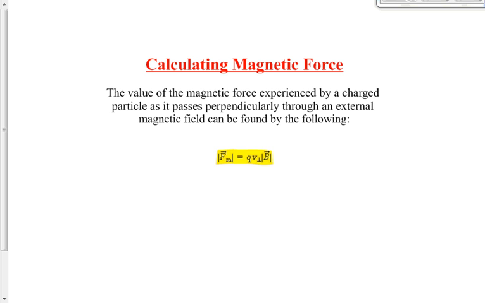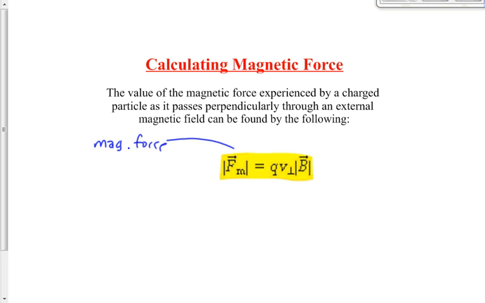Fm is equal to qvB. I'm going to make this a little bit bigger so you can see that better. So Fm would be the magnetic force. It would actually be the magnitude of the magnetic force because the direction isn't going to be found by this equation, right? We're going to use the hand rule for that. Q would be the charge of the particle that's moving through the magnetic field.